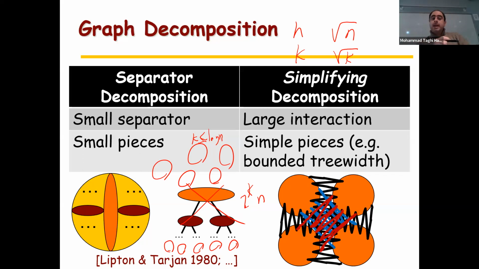So again, a separator is a set of vertices such that when we remove them, you can essentially have two components. You can have more than that, but you can always put them in two components, such that the size of each of them is at most 2/3 and at least 1/3.